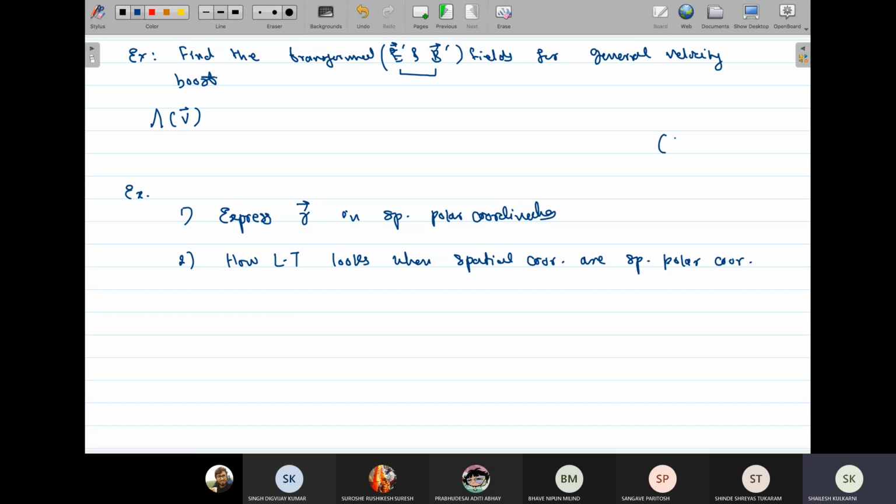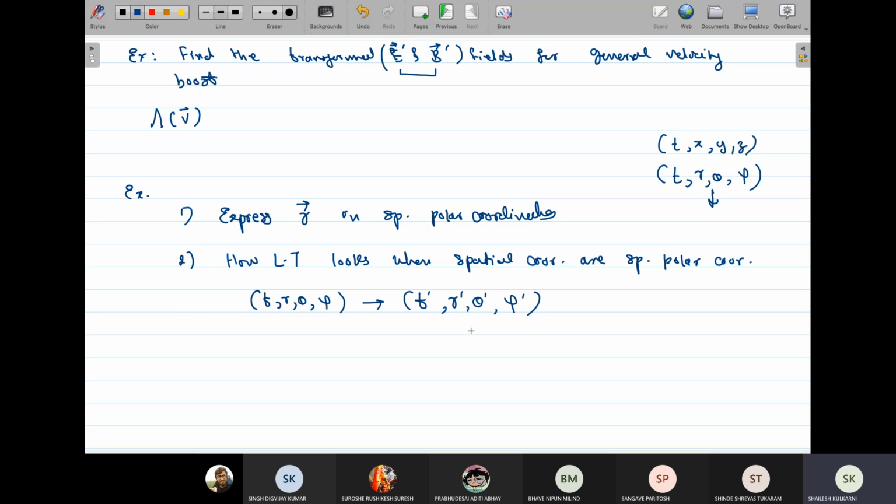We are using t, x, y, z, right? Now you use this and express it in t, r, theta, phi. I can express any three-vector in terms of x, y, z or r, theta, phi. Now you write down the Lorentz transformation. Suppose there is a boost along the x-axis. Take that boost and see how, in these coordinates, there is a transformation from t, r, theta, phi to t prime, r prime, theta prime, phi prime.